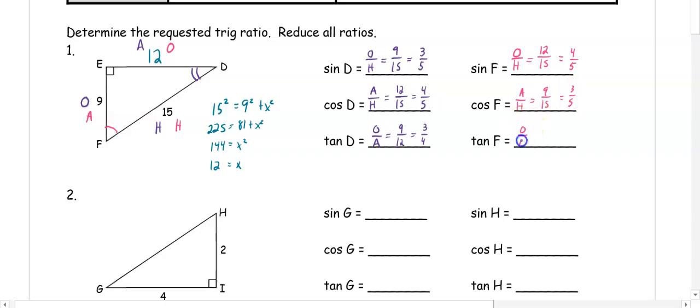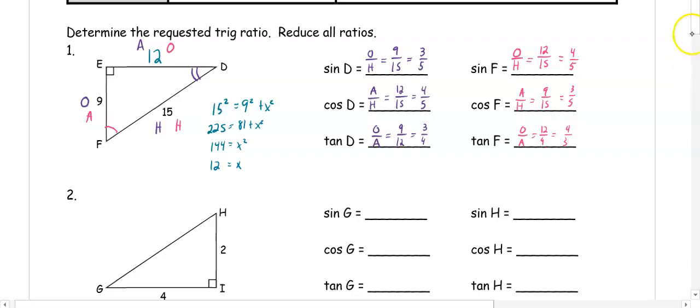And the tangent is the opposite over the adjacent, which is 12 over 9, which reduces to 4/3. So notice if you're looking between the two columns, your sine and cosine are going to switch, and your tangents are going to be the reciprocal of each other.